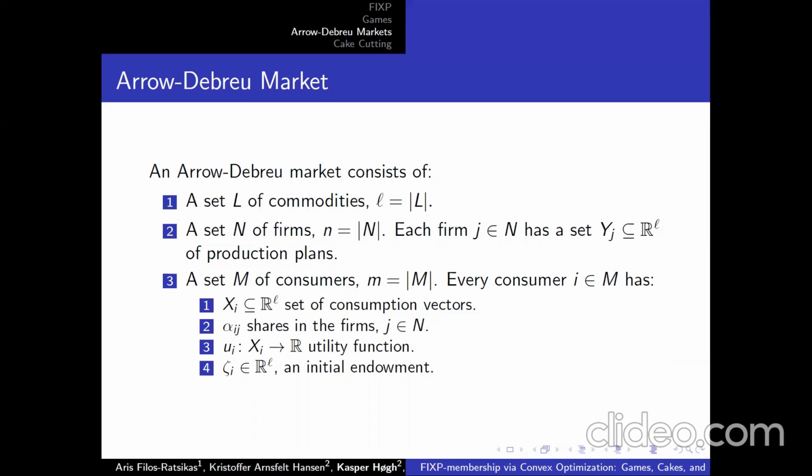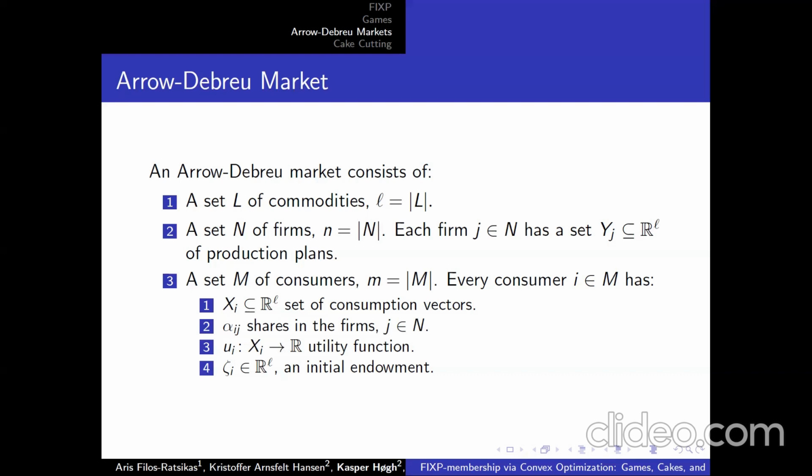That's what they can produce and how much they produce of each commodity and how much they use of each commodity. And then there's a set of consumers, and the consumers have a set of consumption vectors, so what they demand of the goods, and they have some shares in each of the firms, some utility function, and also some initial endowments, so that's how much they have of all the resources.